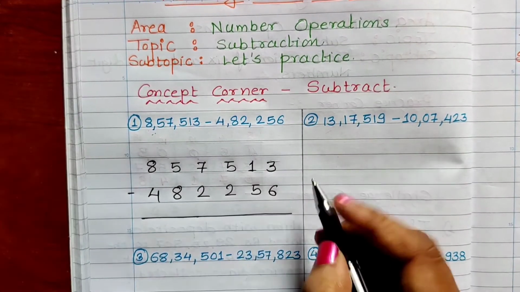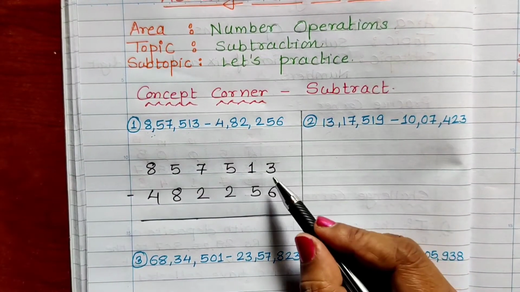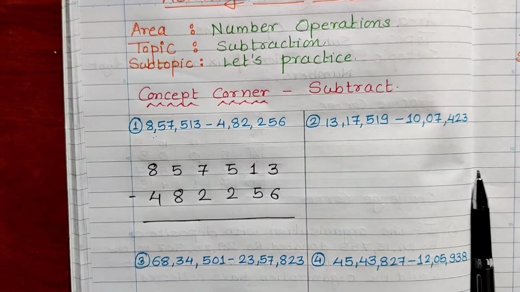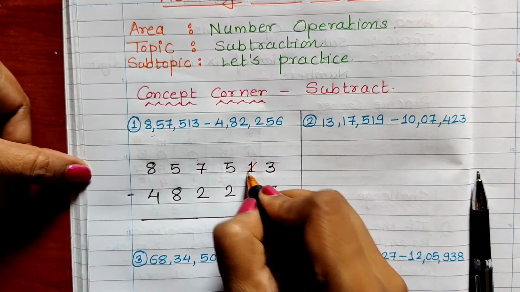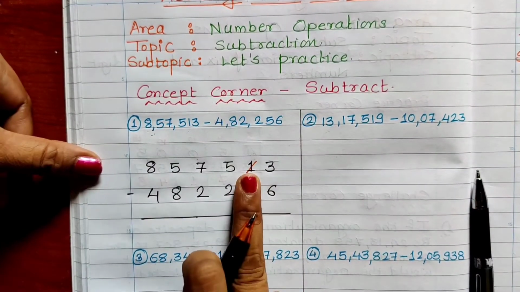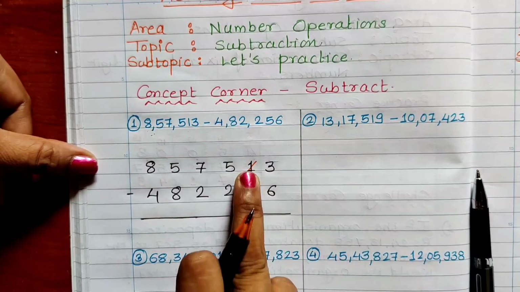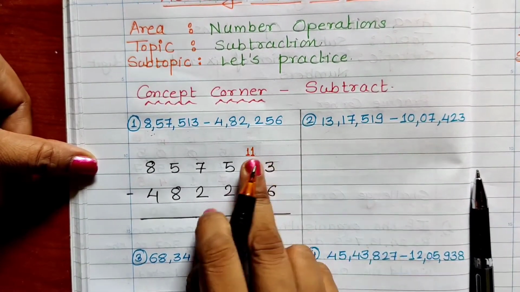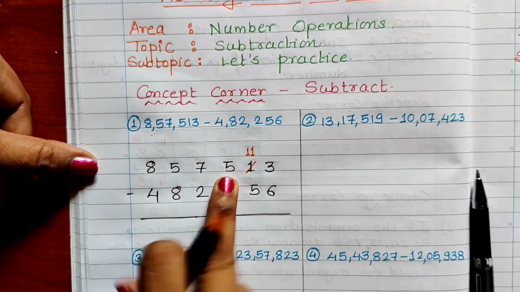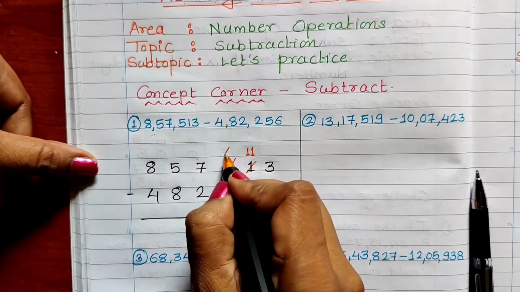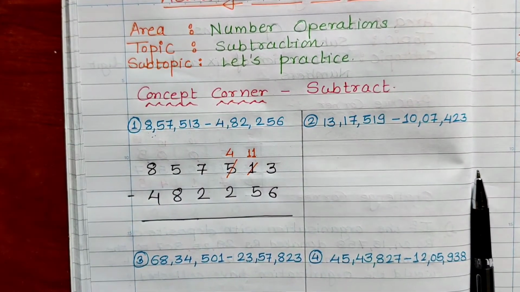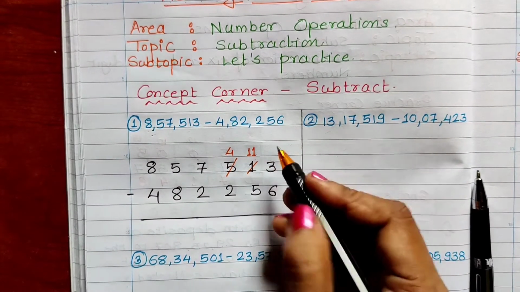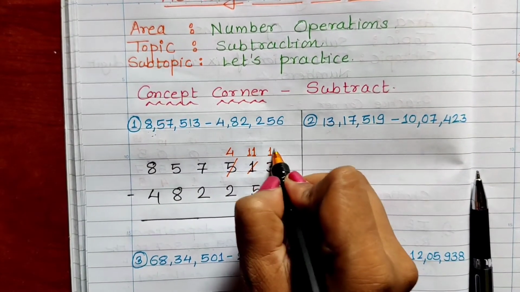We subtract. Now 3 minus 6 cannot be done, correct? So we have to borrow 1 from here. Now 1 minus 5 also cannot be done. 1 is a very small number. So for that we have to write 11. And for this 11 we have borrowed 1 from this 5. So this 5 becomes 4. Now from this 11 we have to borrow 1 to make this 3 into 13.